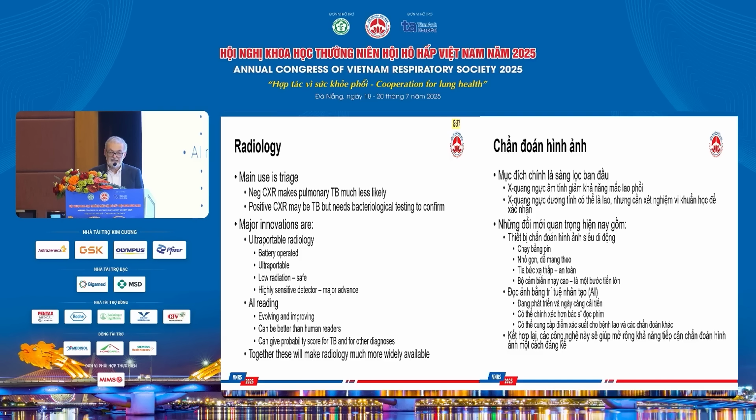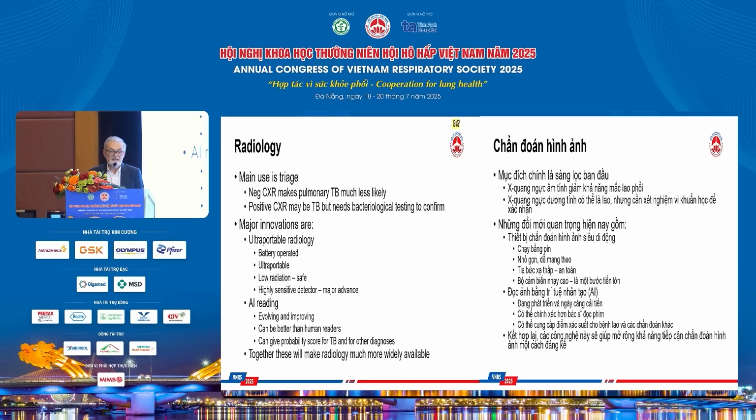They use a very highly sensitive detector, and could be operated by somebody with very little training, about 6 weeks. It does not require a highly skilled radiographer to operate. So it becomes much easier to deploy to peripheral levels of the healthcare system, and I think that's what the future holds.